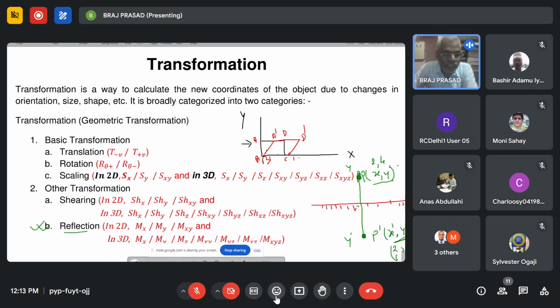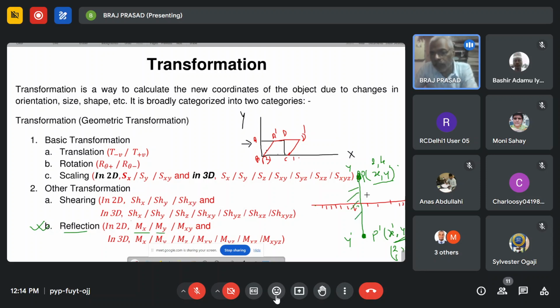And this reflection has also different notation in 2D and 3D. If we place the mirror in x direction, then this mirror is called mx. And if we put the mirror on y axis like this, then it is called my.